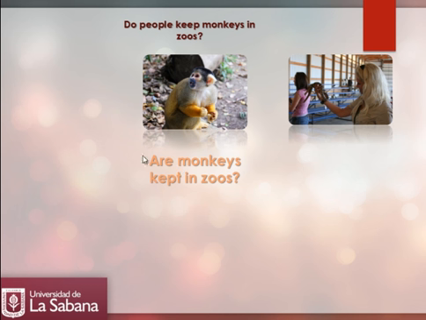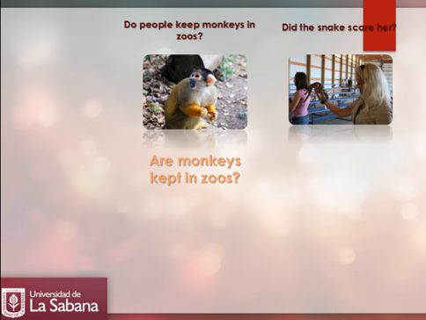But since it is a question, the verb to be goes at the first place before the subject. As a result, we have are monkeys kept in zoos. You can add by people if you want to, but we usually do not add information like this because in this case it's obvious that monkeys are kept in zoos by people and not by cats or dogs.